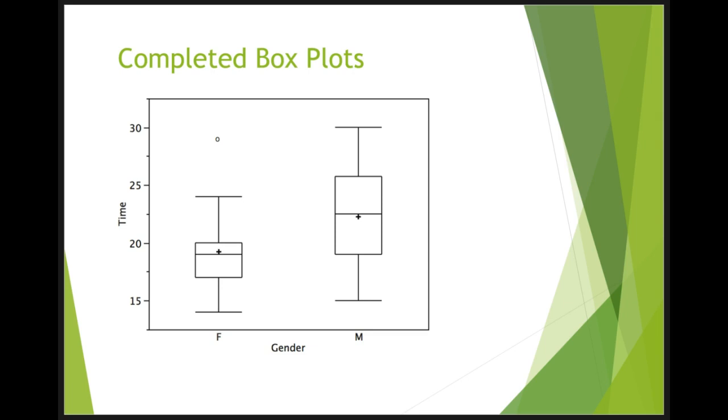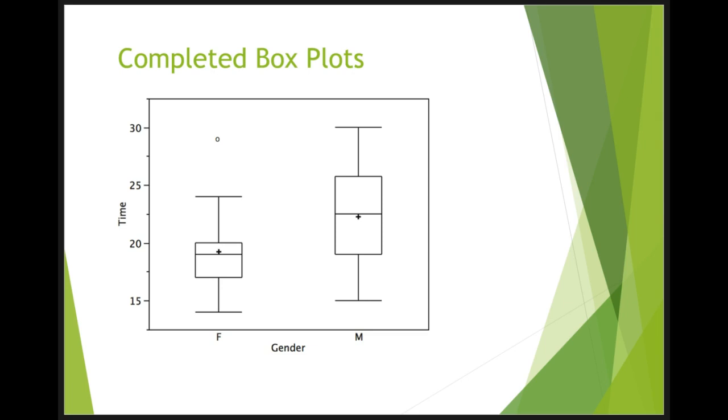This figure provides a revealing summary of the data. Since half of the scores in the distribution are between the hinges, recall that the hinges are the 25th and 75th percentiles, we see that half of the women's times are between 17 and 20, whereas half the men's times are between 19 and 25. We also see that women generally name the colors faster than the men did, although one woman was slower than almost all of the men.